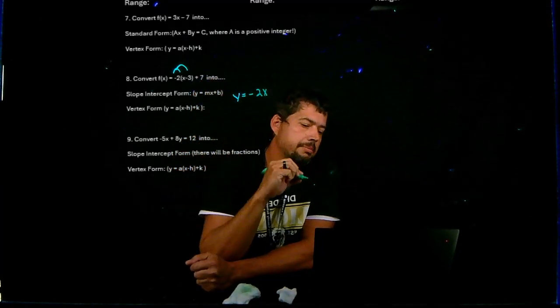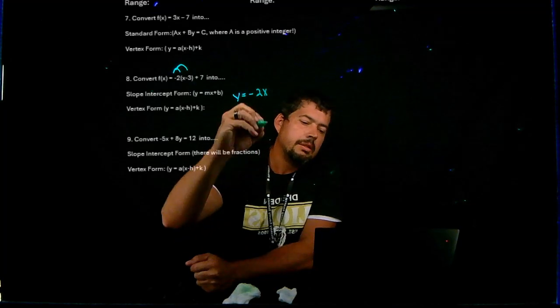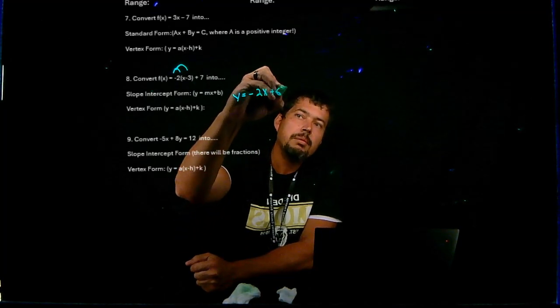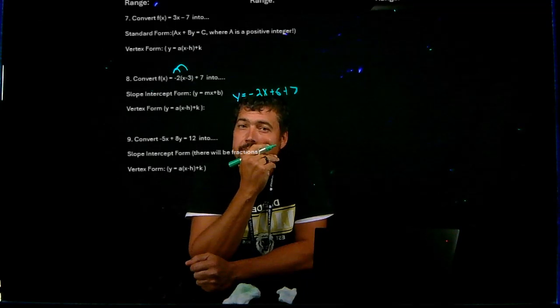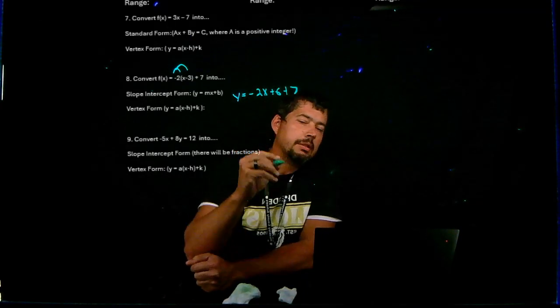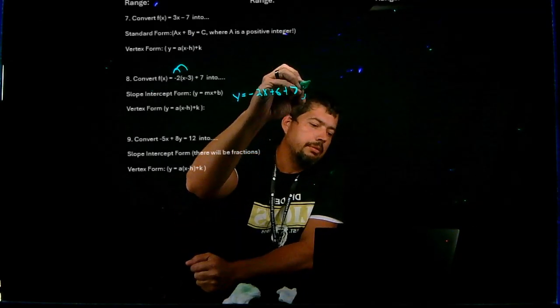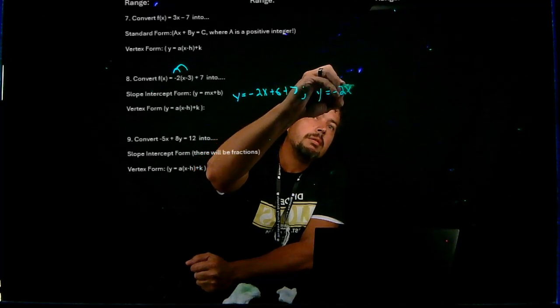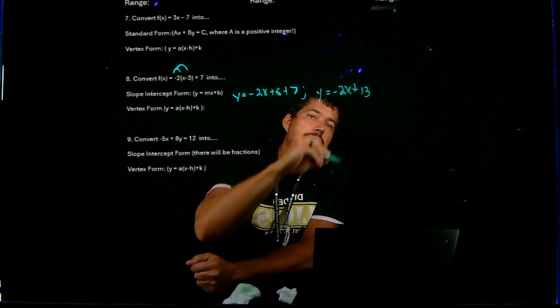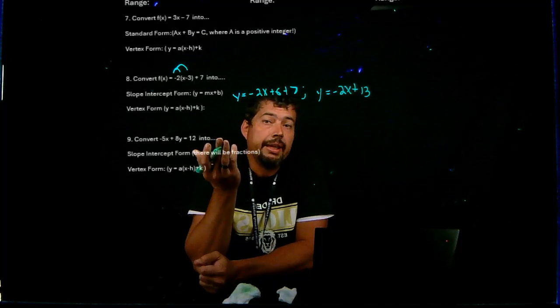Remember, a negative times a negative is a positive. So +6 and then +7. And surely we can add 6 and 7 together. I say that. There are kids who can't do it. It's really sad. But anyways, put 6 and 7 together, you should get 13. And that is slope-intercept form.